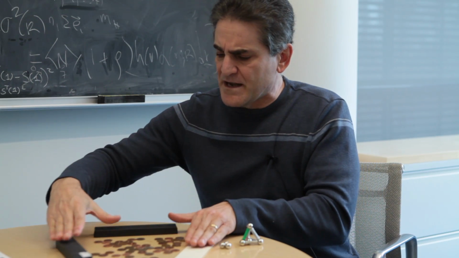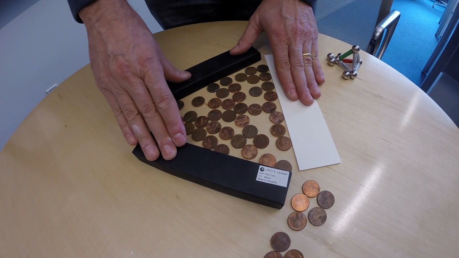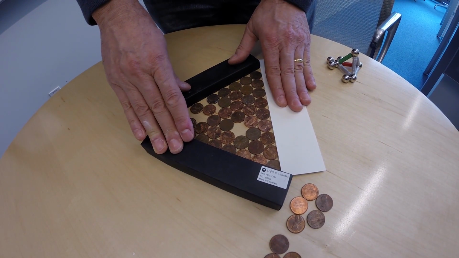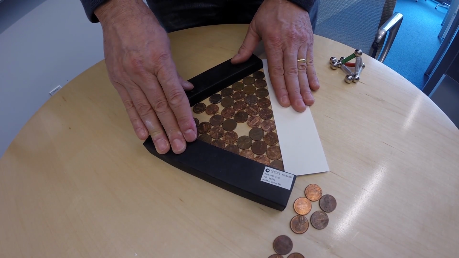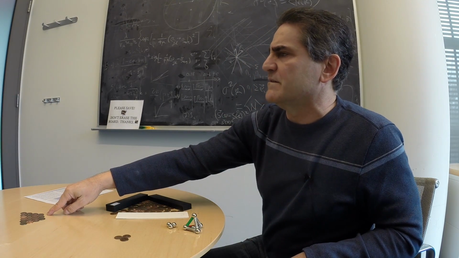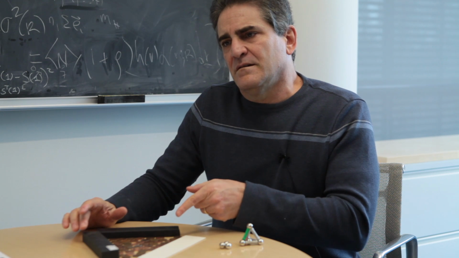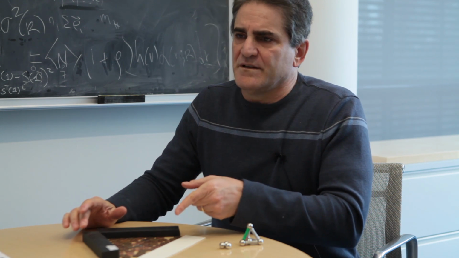And now I'm going to imagine that I have a compression process and I do it rapidly. What I end up getting is not something that's disordered, but it's actually very close to this crystal arrangement. That's one interpretation, that this is in fact the most disordered arrangement that you can have of pennies when you compress them rapidly.